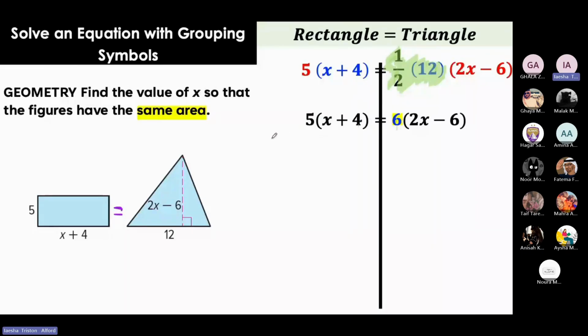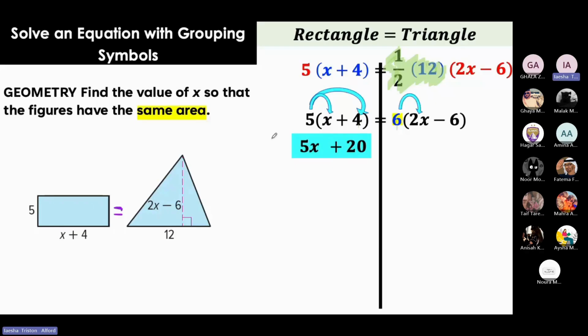Then you can delete the parentheses by multiply. So positive 5 with x, and 5 times 4. Gives positive 5x, and then positive 5 with positive 4 gives you positive 20.